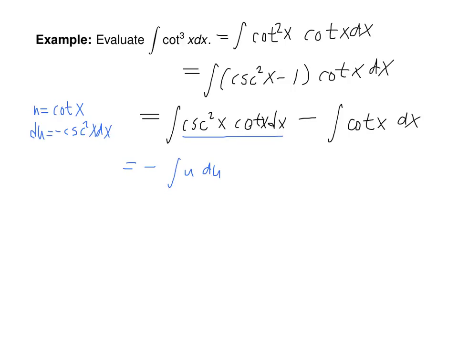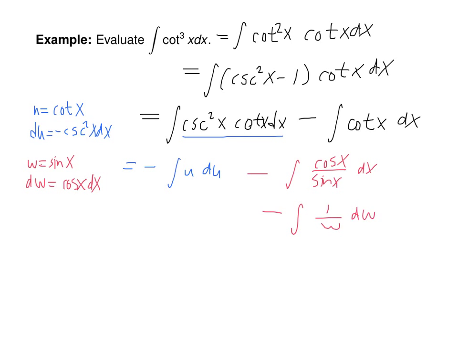Now the next one, notice that cotangent is the same thing as cosine x over sine x, which we can also use substitution to evaluate. If we let, we'll say, w equal sine of x, then dw is equal to cosine of x dx, and we have minus the integral of 1 over w dw.